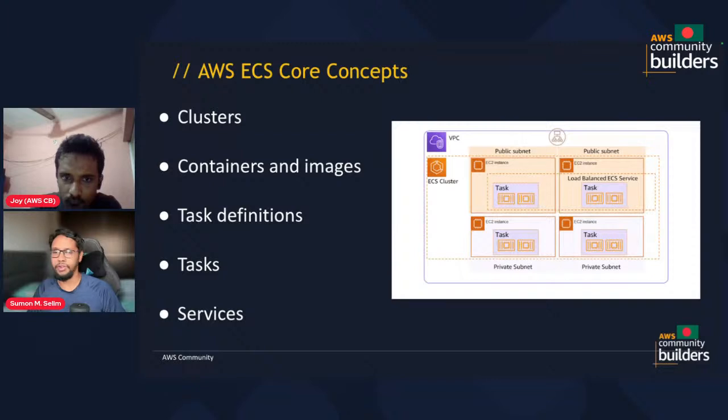And to run those containers, we can use different compute resources that are available to us. We can use an EC2 instance to run our application, or we can use Fargate serverless compute resources.